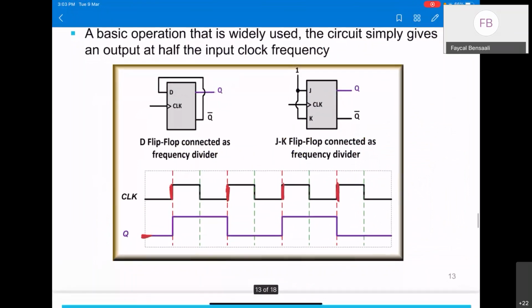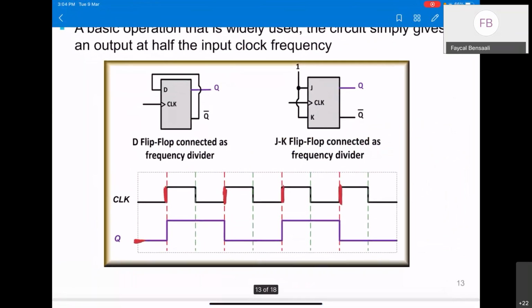I can do exactly the same with a JK flip-flop by just connecting J and K to VCC, or having both of them 1, because we know when J is 1 and K is 1, we will have the opposite, right?